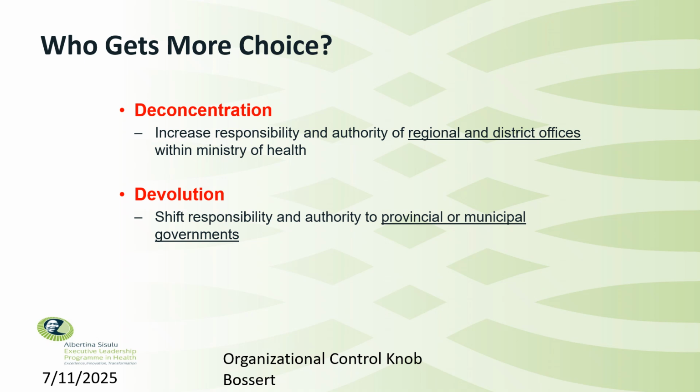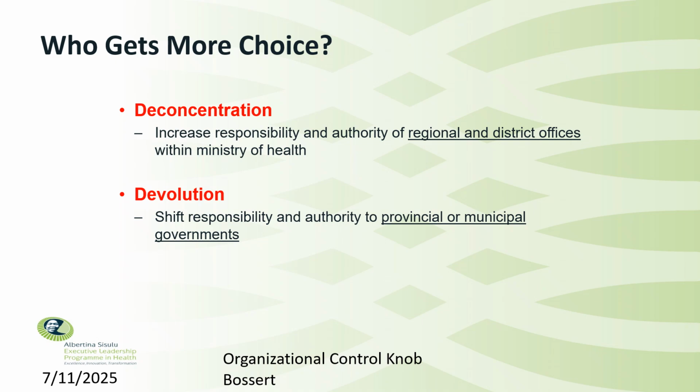So when we think about shifting some of the power and control to lower levels of your national system, there are two different types of decentralization. One is called deconcentration and one is called devolution. There are actually a few more, but we'll discuss that in the decentralization module. Now, under deconcentration, you're saying we have a central authority, and in this case, let's use the example of the provincial health department.